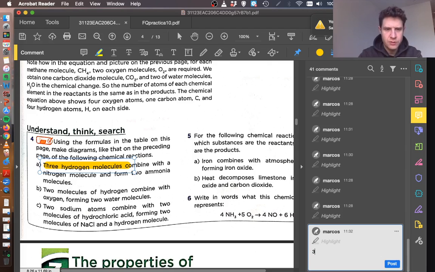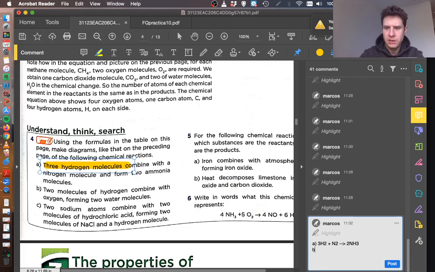So we have 3H2 plus N2. This 2 is a subscript when it's on the right side of the atom. Then we have the arrow, and as a result 2NH3, ammonia. That's A. What is B?